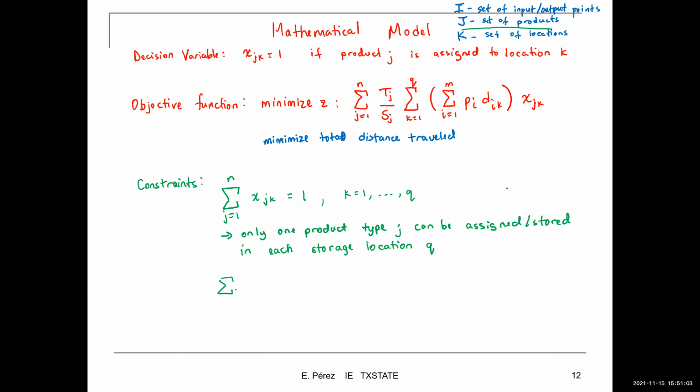Summation k equals 1 to q of xjk equals the number of locations that are needed per product. This is for j equals 1 up to n.